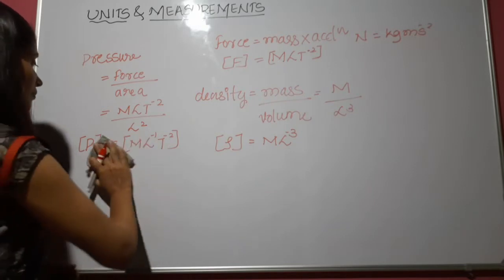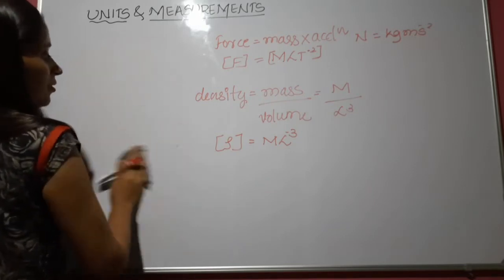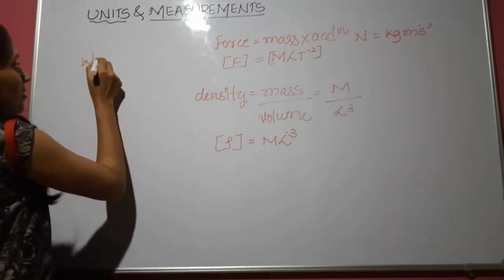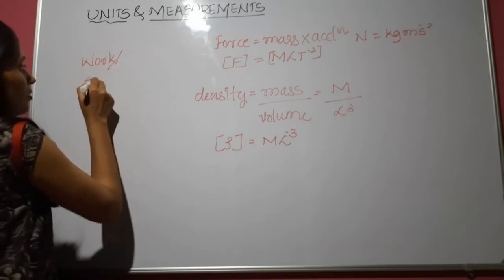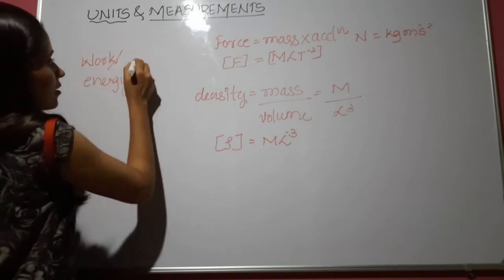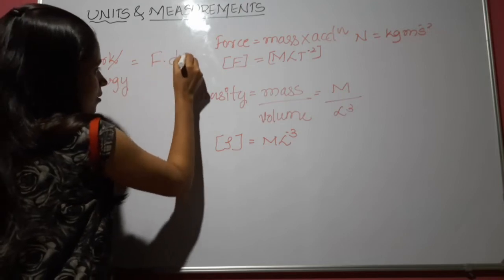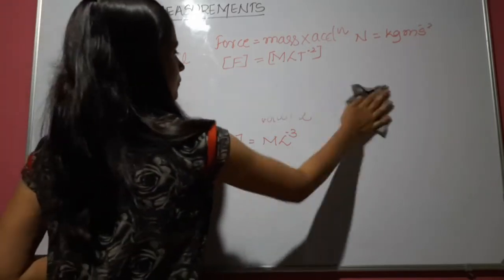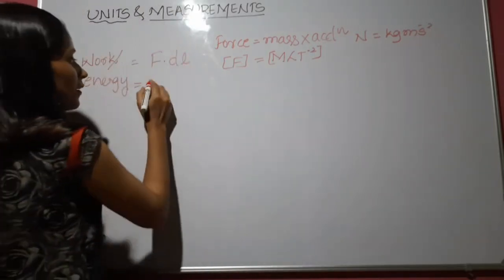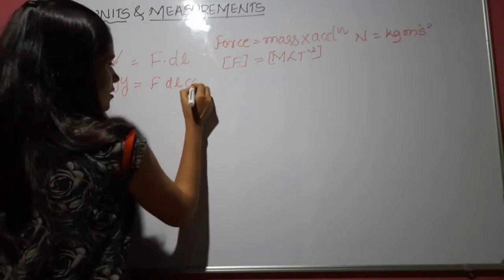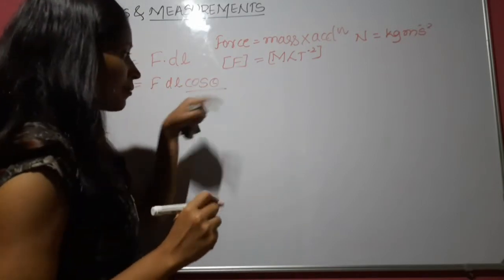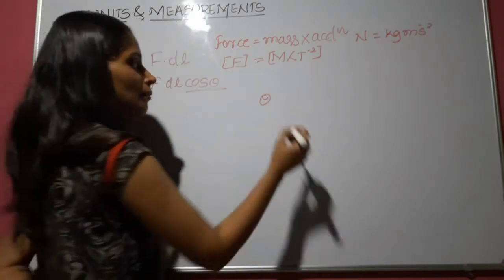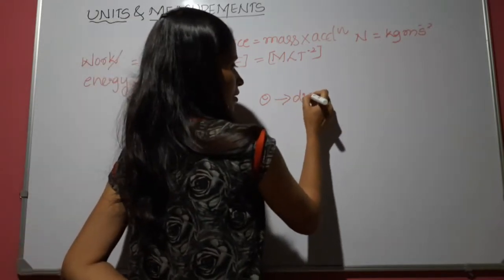Next, work or energy. This is force into displacement. This is actually a dot product. So we can write F dl cos theta. The unit of theta is degree or radian, but it is a dimensionless physical quantity.